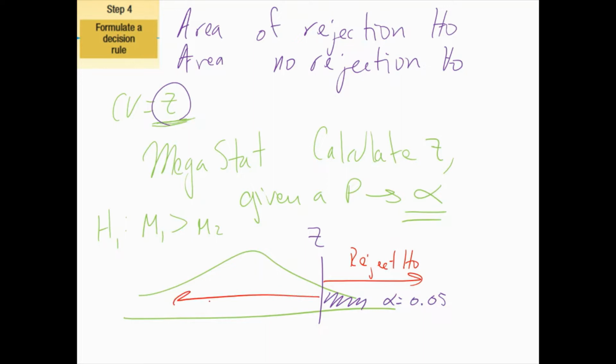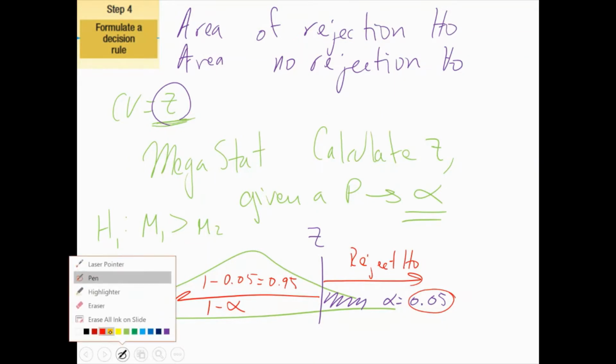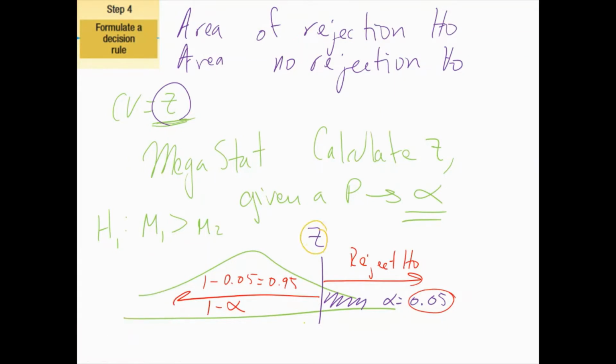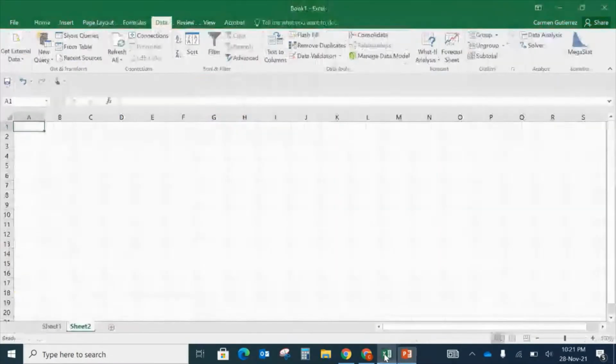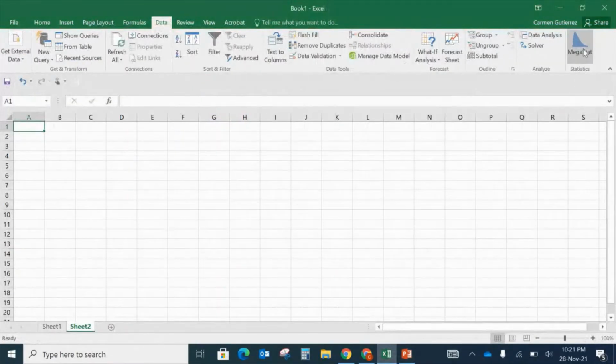And the other side is 1 minus alpha, 1 minus 0.05, 0.95. So what is this critical value? The Z value that separates these two. Let me show you in MegaStat to get a Z value for step 4.